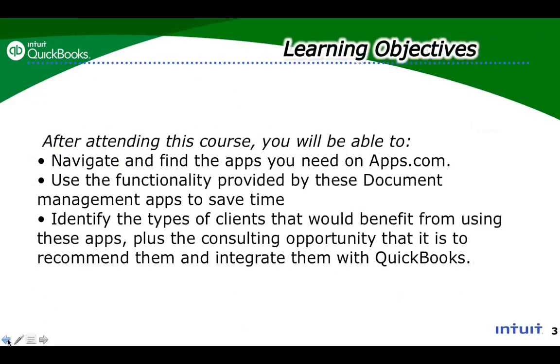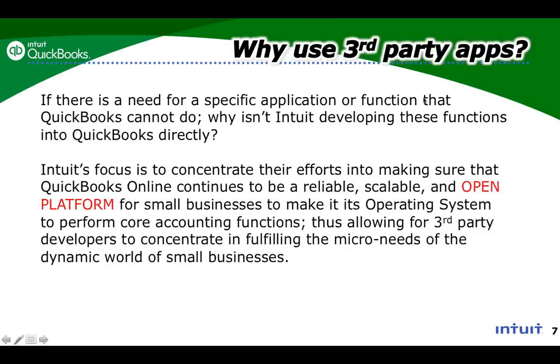So in a nutshell, the reason why we look for apps is because Intuit probably is not in their ecosystem here. It's not in their veins to solve every problem of every small business out there. Therefore, we look into third-party developers to create specific functions that are connected to a particular industry or a particular activity.